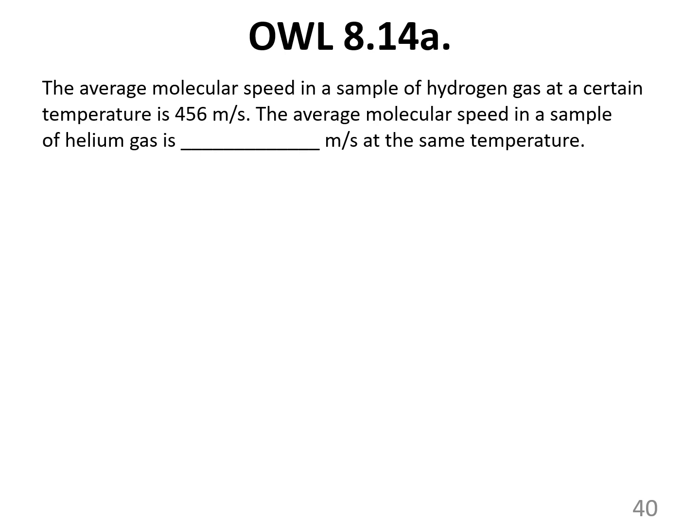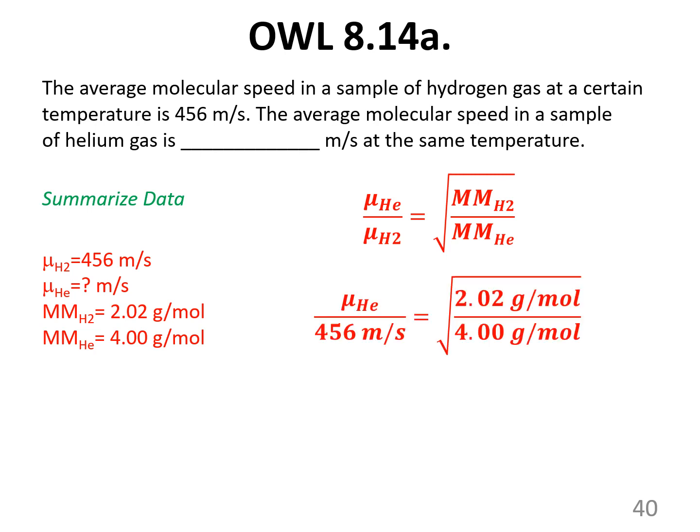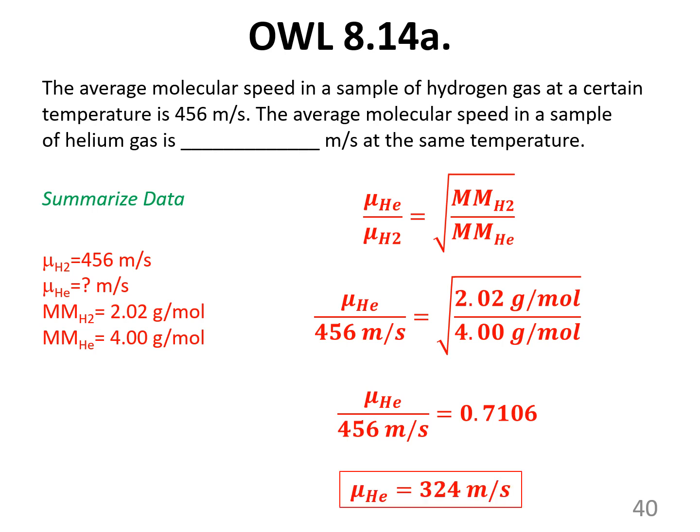We can calculate also the molar masses that will be used for this. It's imperative that you know that hydrogen is diatomic, but helium is not. And so there are the molar masses. Plugging everything into the equation, we can rearrange and solve for the average speed of the helium gas, and we get 324 meters per second.